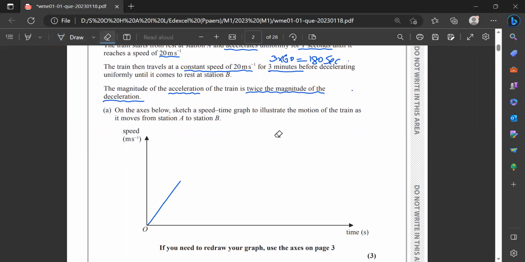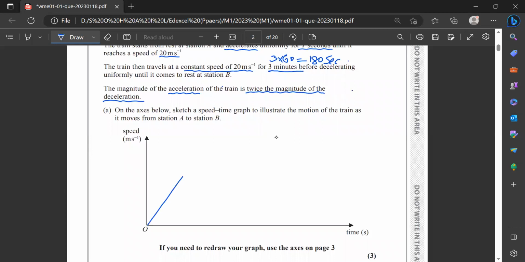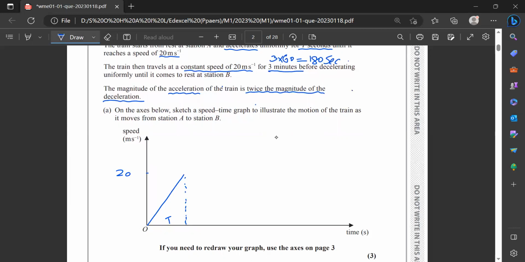First there is acceleration reaching a speed of 20, and this is for t seconds. Then there is uniform speed, and this is for 180 seconds.